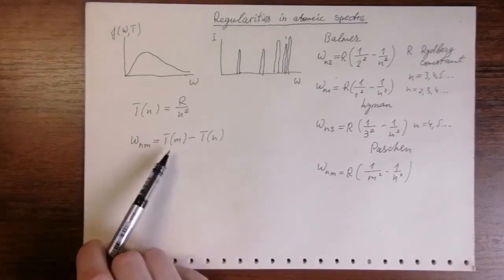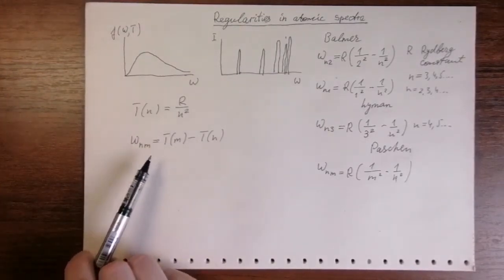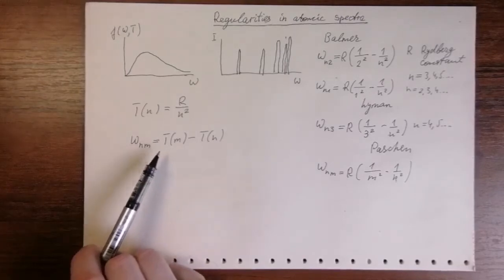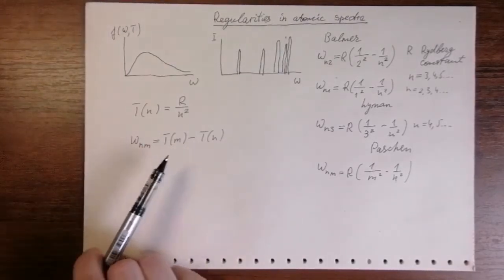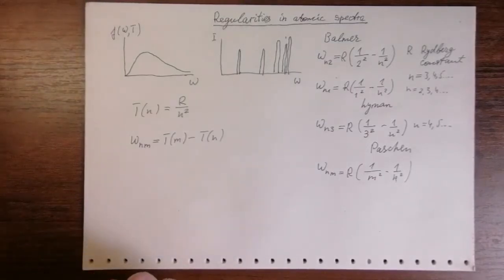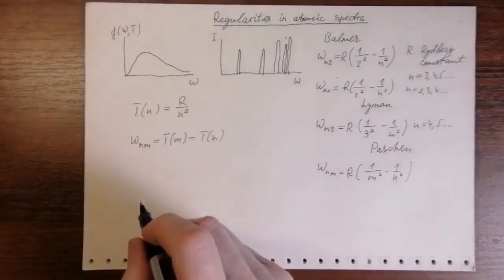Any frequency can be expressed as a difference of two terms, like this formula predicts. So we can say that all the emitted frequencies can be represented as a combination of spectral terms. This is called the combination principle by Ritz.